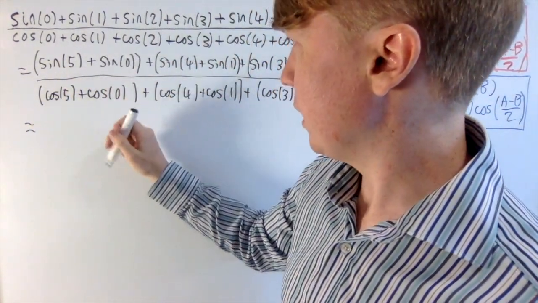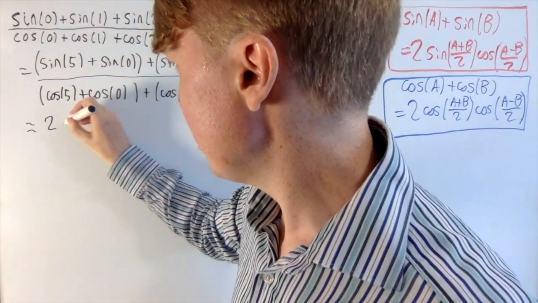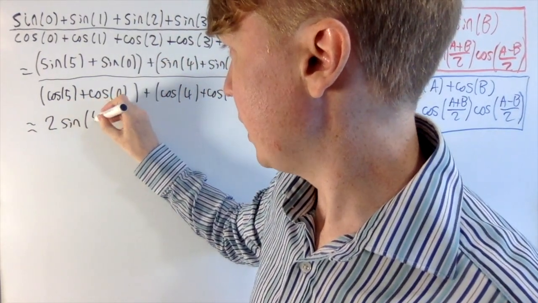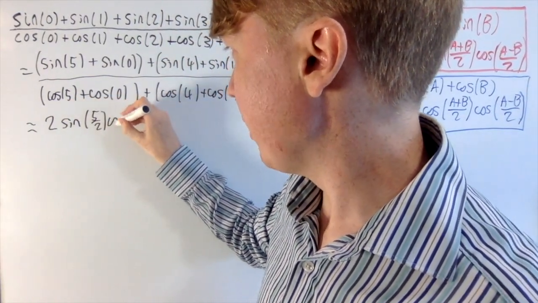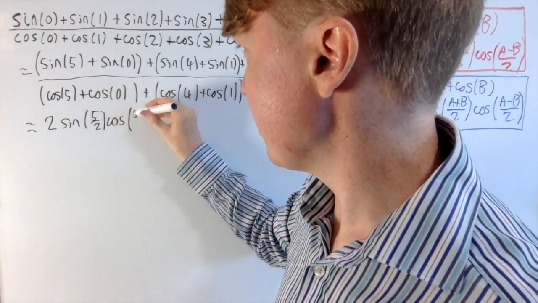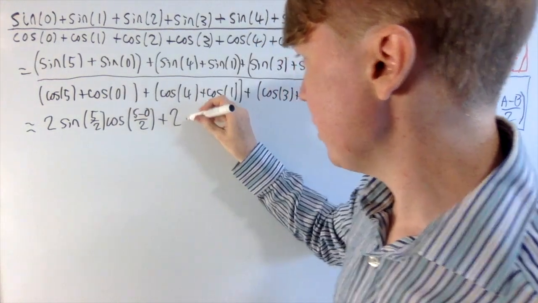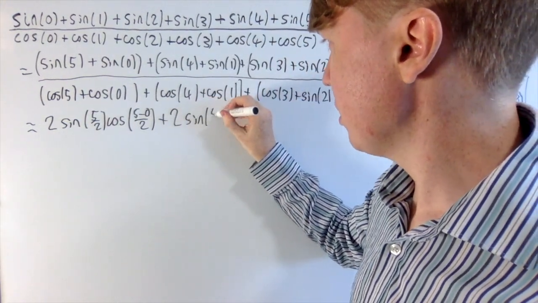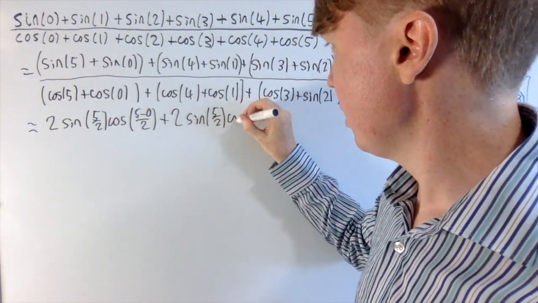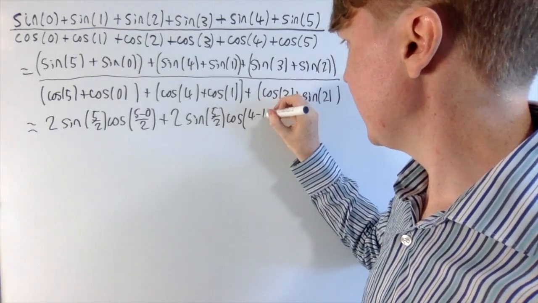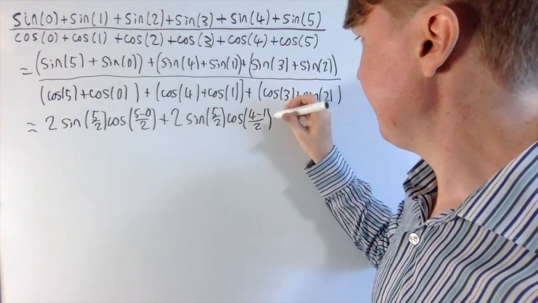So sine 5 plus sine of 0, you get 2 sine of 5 over 2, and then multiplied by cos 5 minus 0 over 2. And then we've got another 2 sine 5 over 2. So this is nice, these are all going to factorise. Cos of 4 minus 1 over 2.